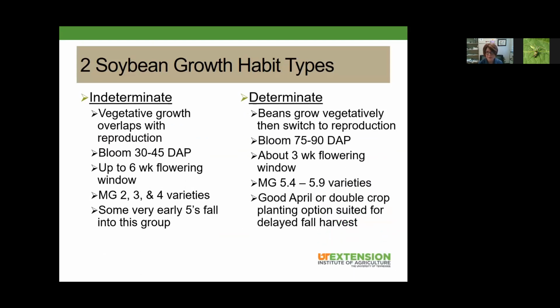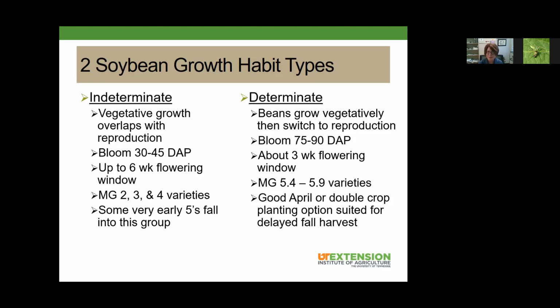So another wrinkle for Tennessee: if we were further north, we would just be talking about indeterminate soybeans, but in Tennessee, we actually can have a mix depending on the farmer. If they grow group 5 soybeans, we may have some that grow determinate growth habit type varieties as well. Determinate varieties, these would be group 5 soybeans. They've always been a good fit in Tennessee.